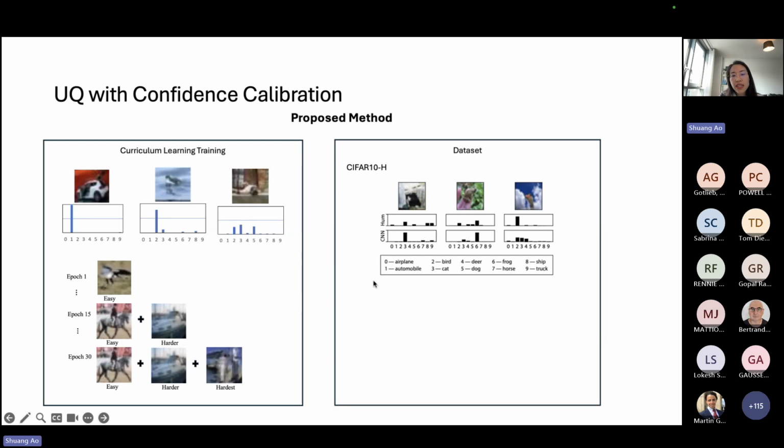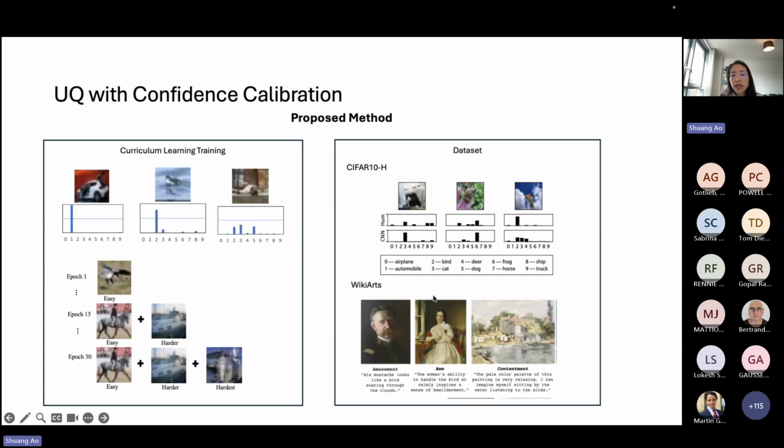The dataset we use is called Southampton H. H is for human. This dataset has 10 different classes of images, and they also asked humans to annotate each image, so that we can get some human confidence. This is the part that we utilize to modify the label smoothing. Southampton H is for image classification.